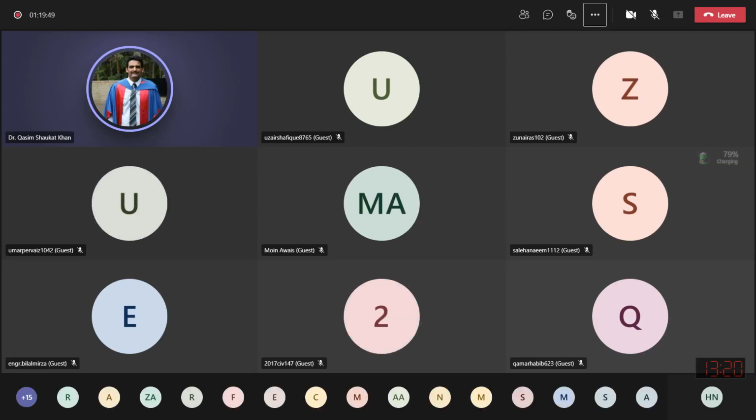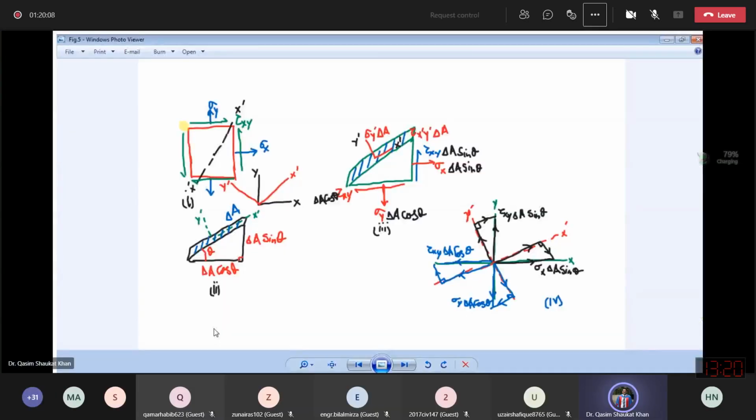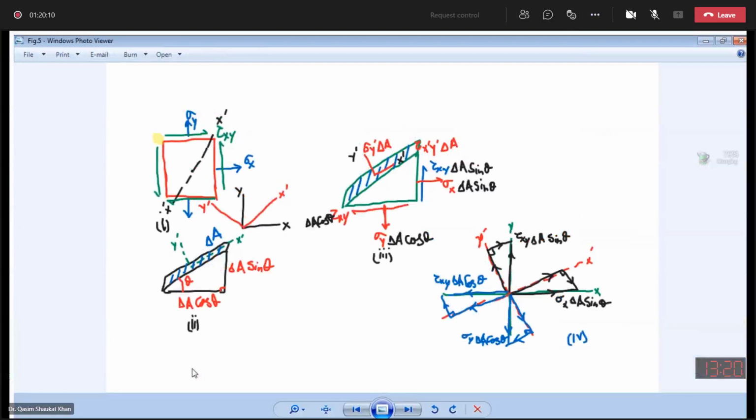Let me share the next figure. Next figure is this one. Figure number is 5. So all the working which we have done so far was by cutting the section by taking the plane y dash axis.